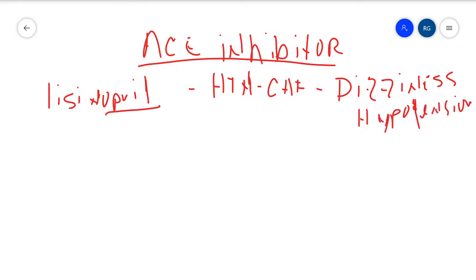Sorry, this is not coming out too nice, but you can hear me, so you know what the word is, anyways. So side effects are dizziness and hypotension. Indications are hypertension and congestive heart failure. All right.